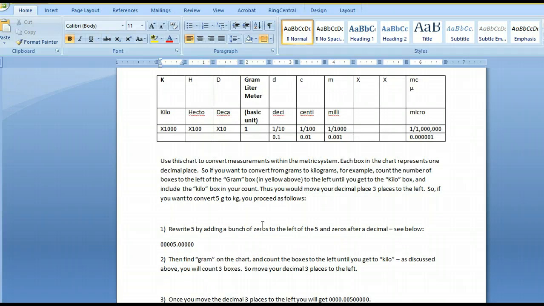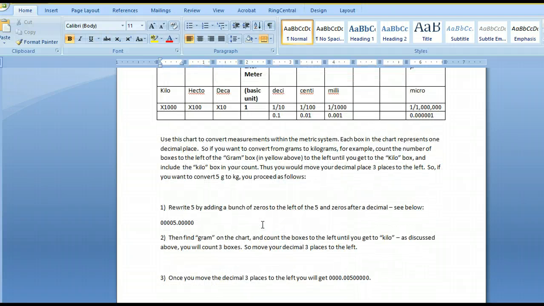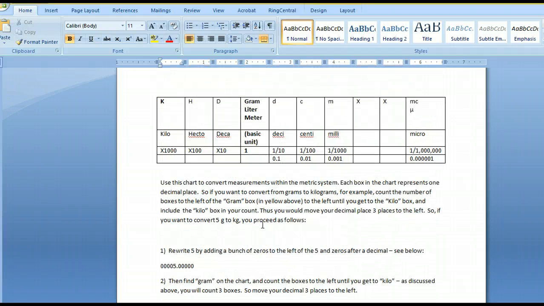So I thought I would go through this sheet with you using this box, because most of you did pretty well on the metric conversions, and on the conversions between the household and metric system as well as within the household system. But it doesn't hurt to go over it again for those that might still be a little confused.